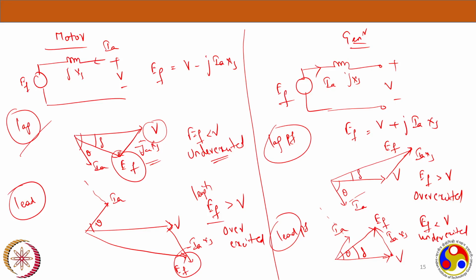How exactly the phasor diagrams would look like, and which condition we will say as under-excited and over-excited, these are very simple and important discussions in the synchronous machine. I would request everyone to go through these concepts. These are very easy and very important for GATE also, and you will definitely get one to two problems in this synchronous machine concepts.